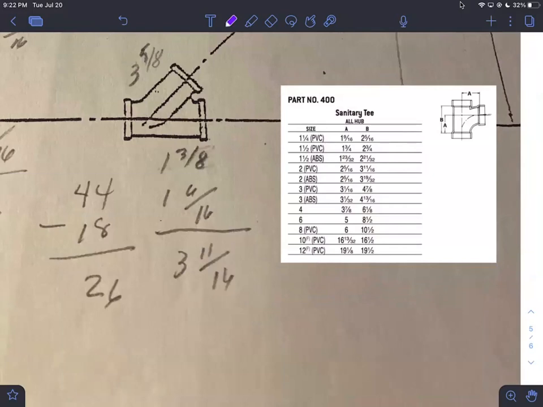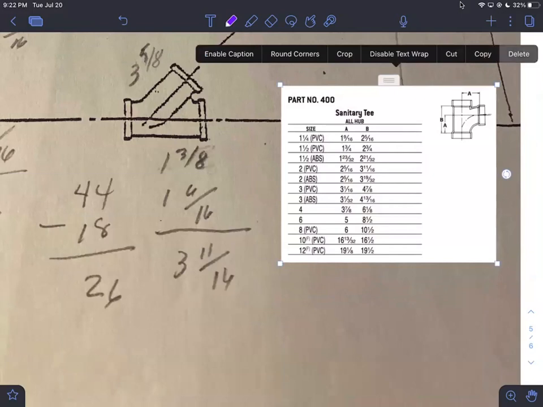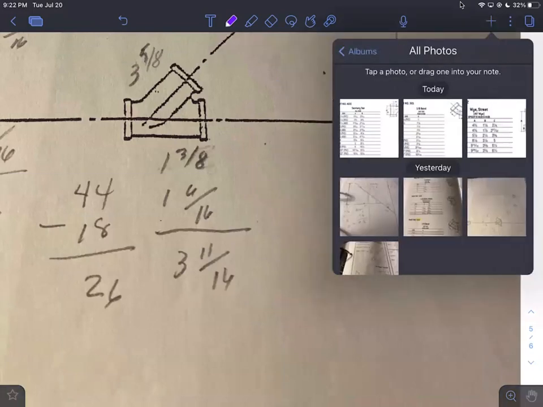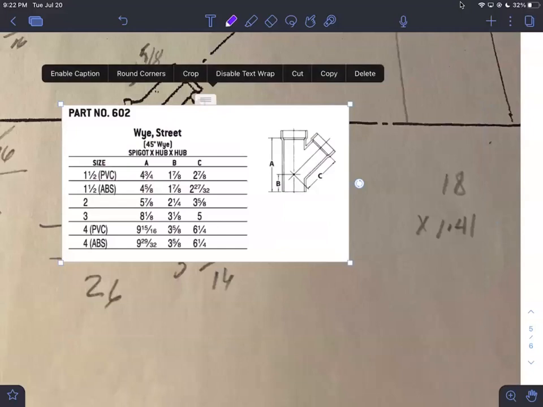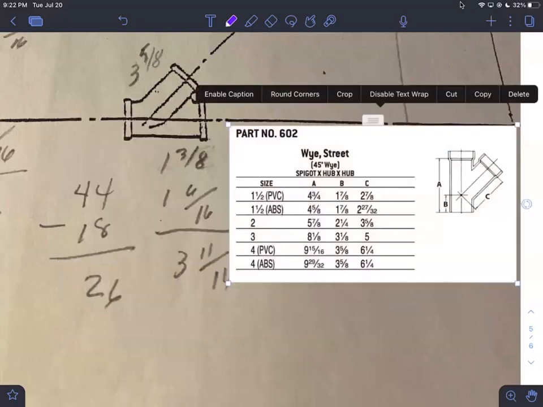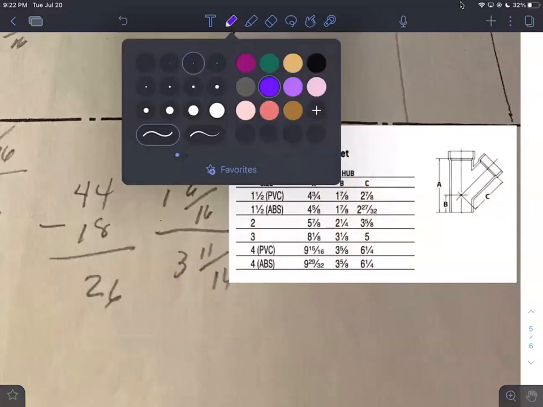Oh, wait. Sorry, this is not a sanitary tee. Okay, so this is a little bit flipped.